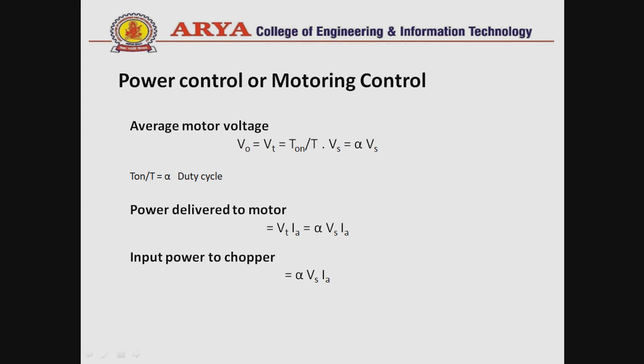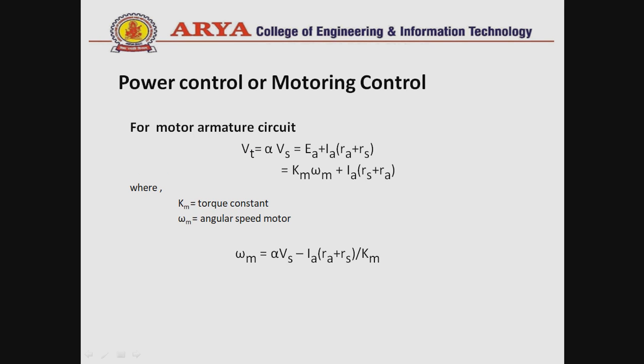Now the power delivered to the motor is equal to Vt multiplied by Ia. Here we put the Vt value, that is alpha Vs, so the power is alpha Vs Ia. The input power to the chopper is the same, because the power delivered to the motor and the input power to the chopper are equal.